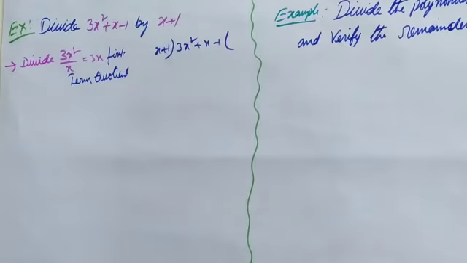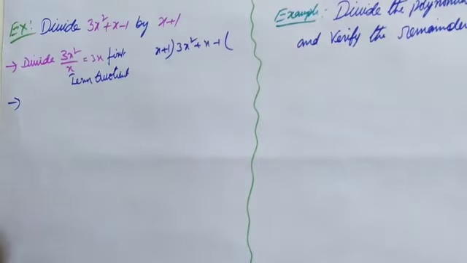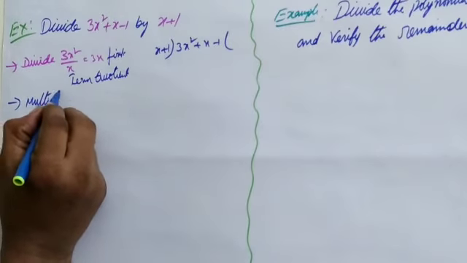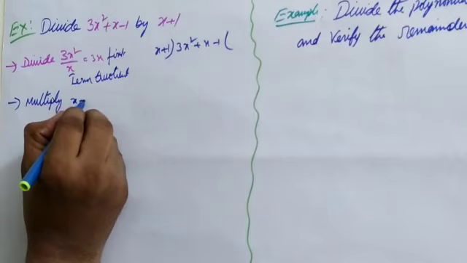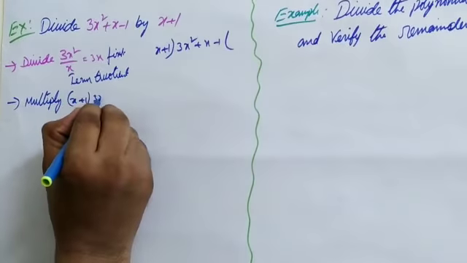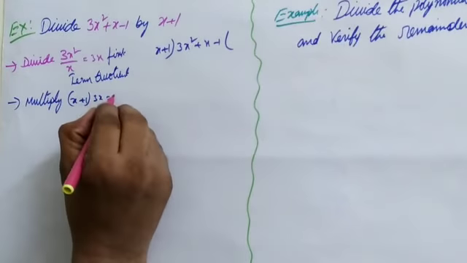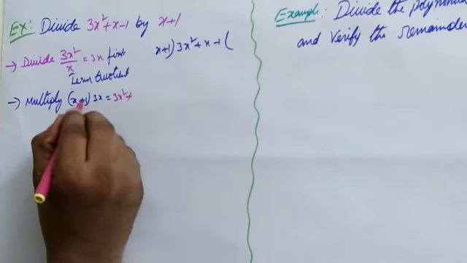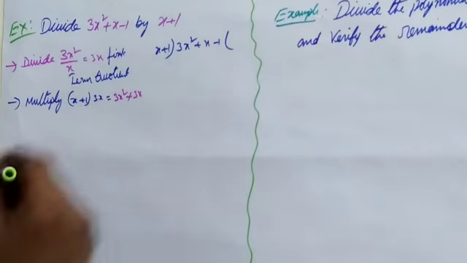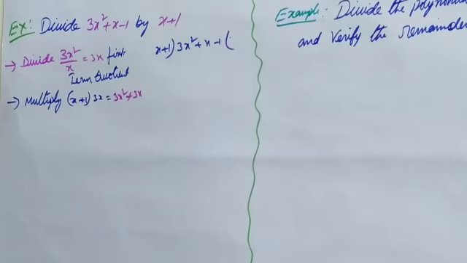Next, multiply x plus 1 into 3x. That gives 3x square plus 3x.